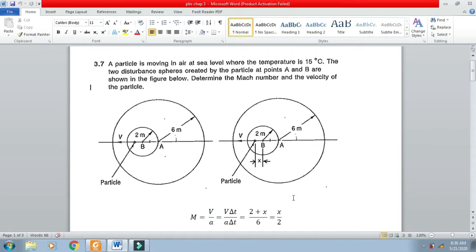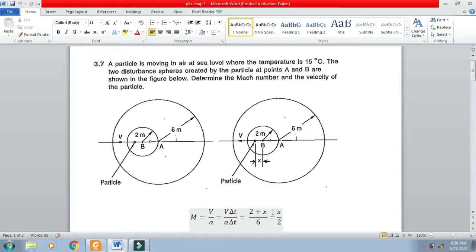If we choose our reference as point A, the distance traveled by the particle from point A is 2 plus x, and the distance traveled by the wavefront is 6.